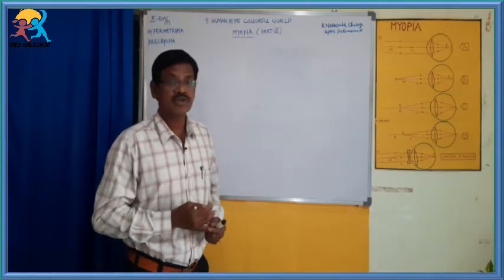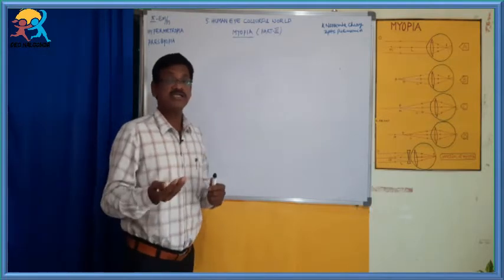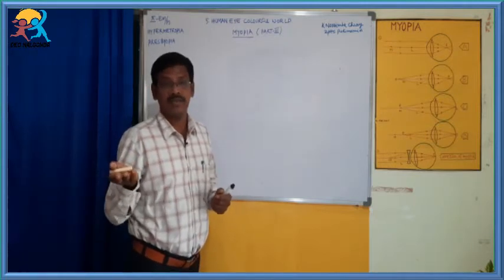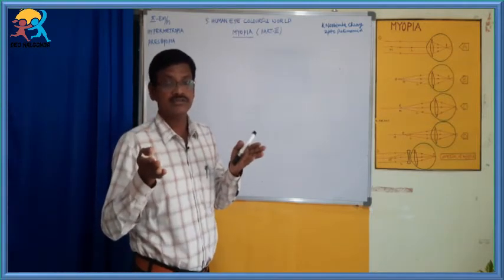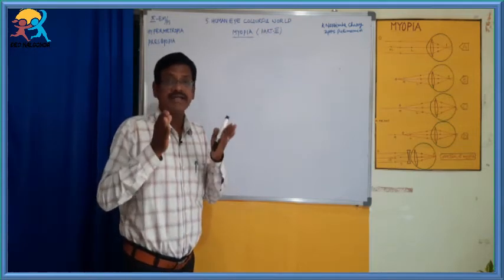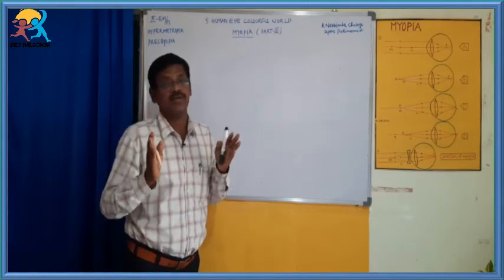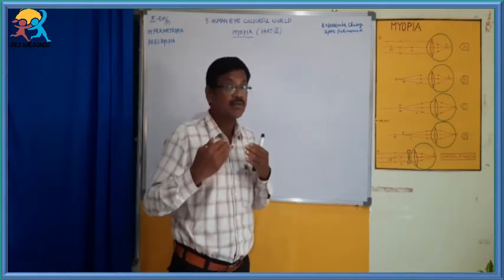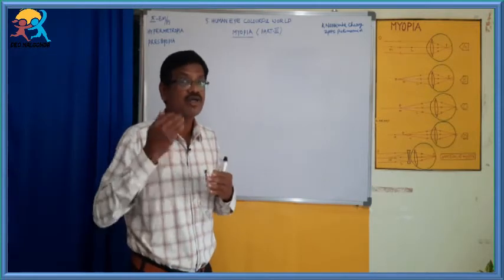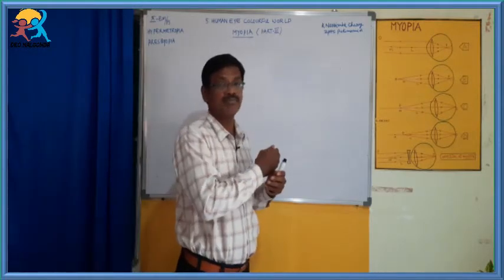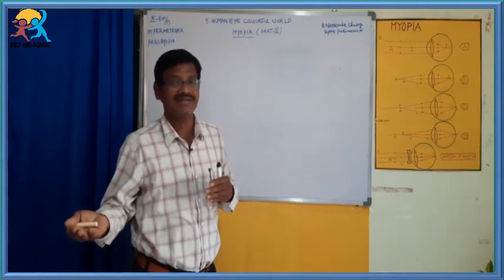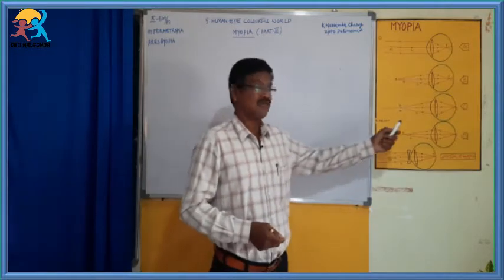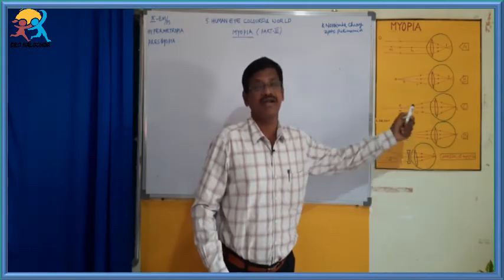This is one point. And the second point is, when an object is beyond M, it cannot be seen by the person suffering from myopia. So taking these two points into account, we can find a solution to correct myopia. That is, if we are able to bring the image of an object kept beyond M between M and L using a lens, we can find the image on the retina.